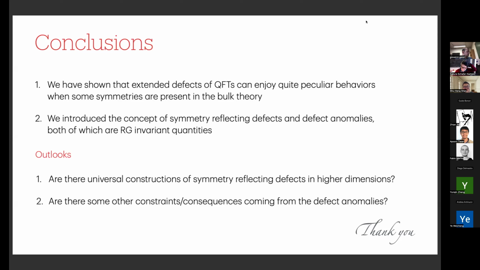But I agree that symmetry reflecting is a property that is stronger with respect to defect anomaly, even if it seems like usually it is the opposite in quantum field theory, that anomalies are stronger with respect to just symmetries. Right. Okay. Thank you.